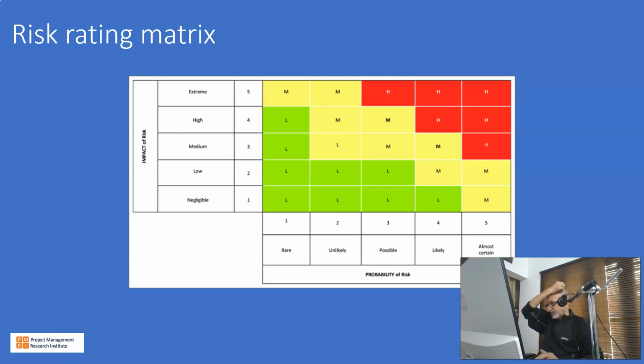So this is a risk rating matrix. So based on this, these risks are plotted, and this green band, we say that, okay, this is okay, no need to take any action. This yellow band of the risk, we say this must be under observation, and the red band, that is in the danger zone, so this must get special attention. So that is the purpose of a risk rating matrix.